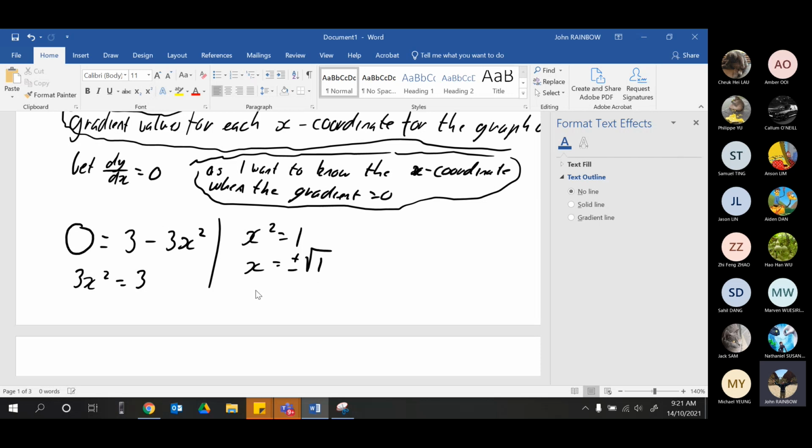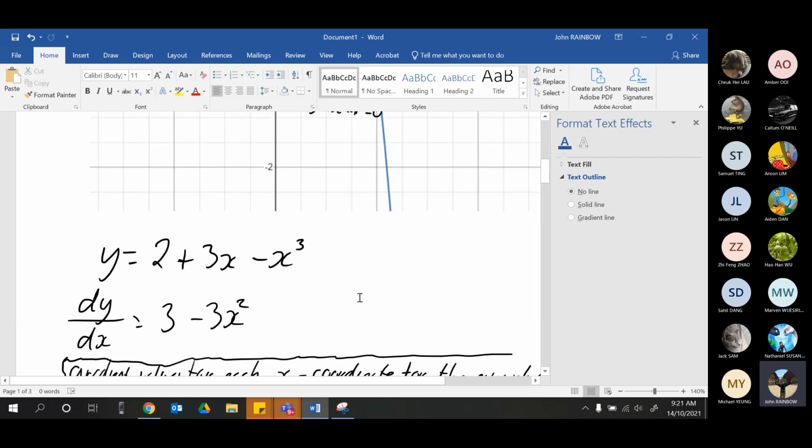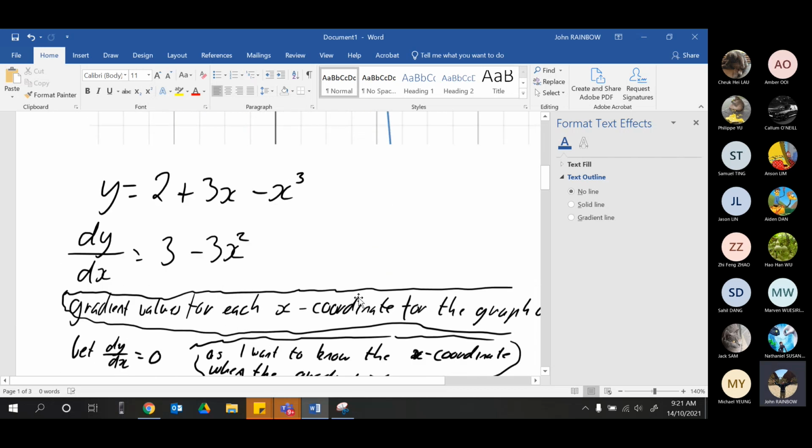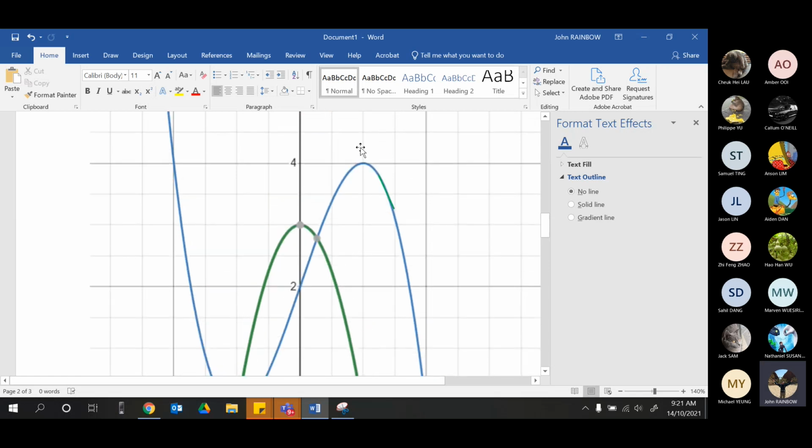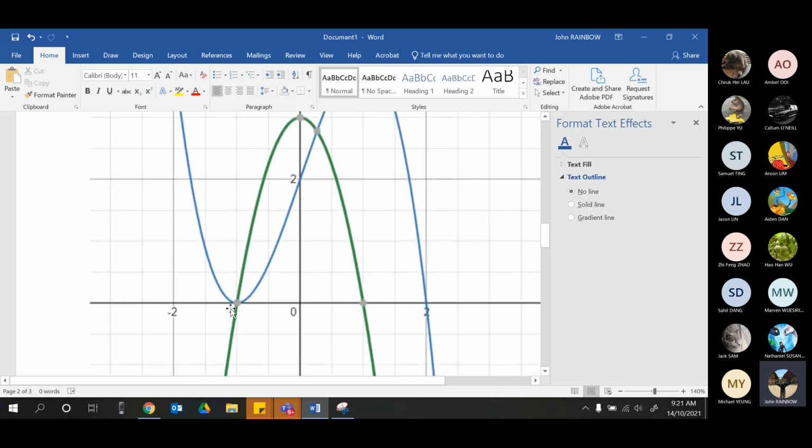Square root of 1 is 1. Therefore, x equals -1 and 1. You're telling me the gradient equals 0 at x equals -1 and 1. Let's have a look at that. When we derived it, well, yeah, look, it's -1 and 1. So that's where the x-coordinates are.